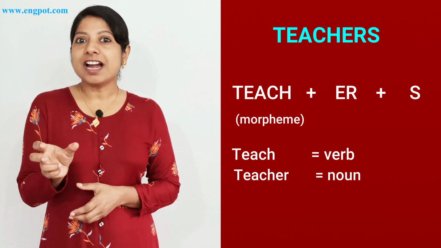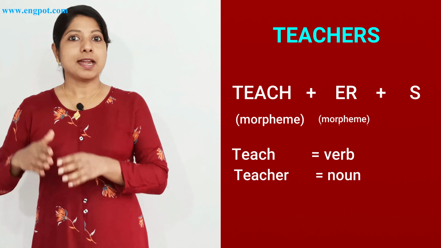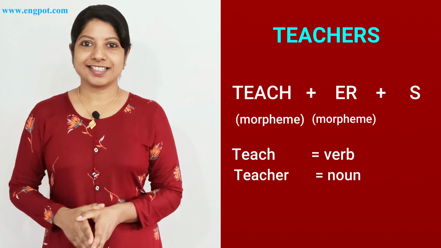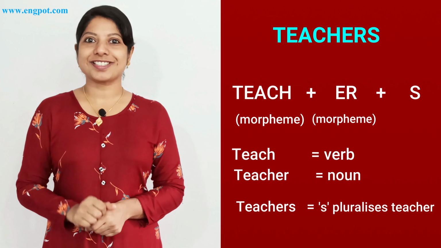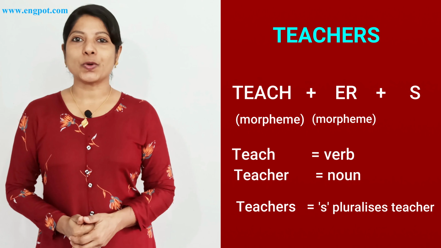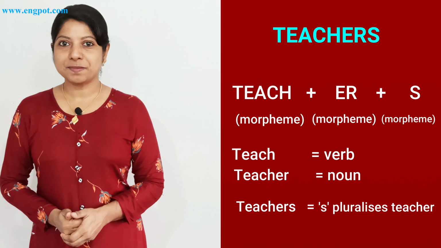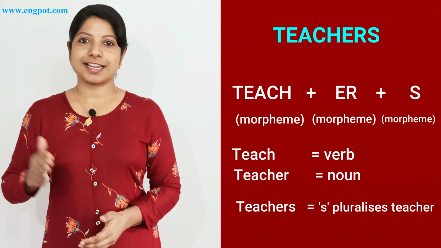So here ER performs a grammatical function, so it is also a morpheme. And finally S. S pluralizes the word teacher. Again, there is a grammatical function, so S is also a morpheme. So the word teachers has three morphemes, teach, ER and S.